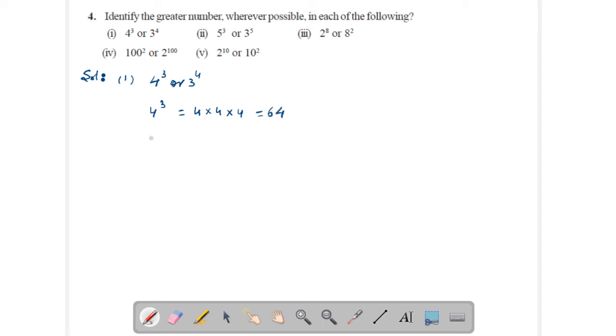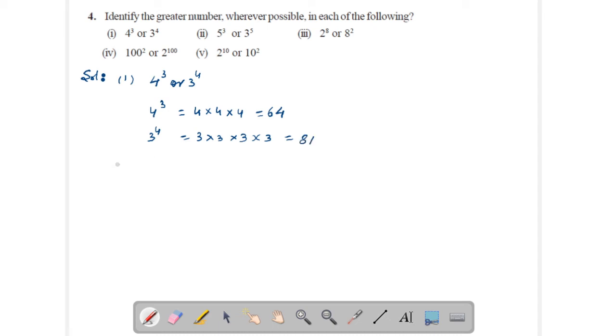And 3 raised power 4. Here 3 is multiplied 4 times. It can be written as 3 into 3 into 3 into 3. Multiply it. 3 3s are 9, 3 9s are 27, 3 27s are 81.